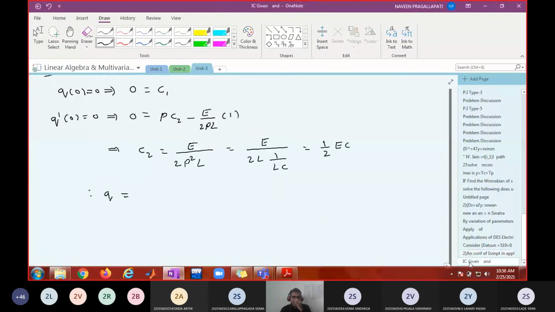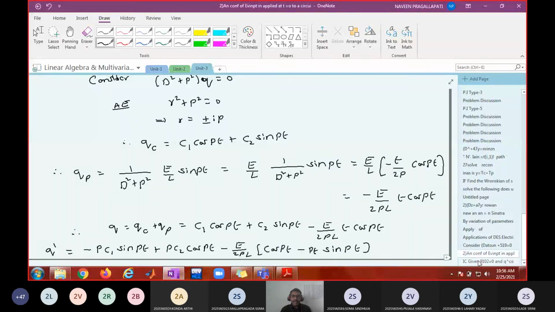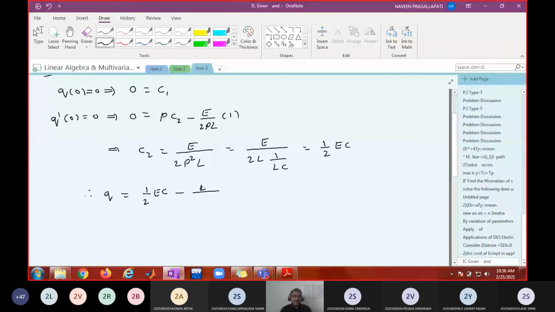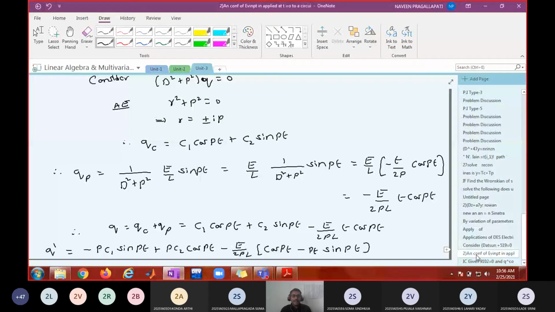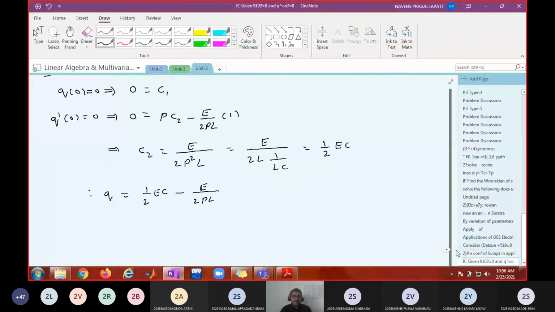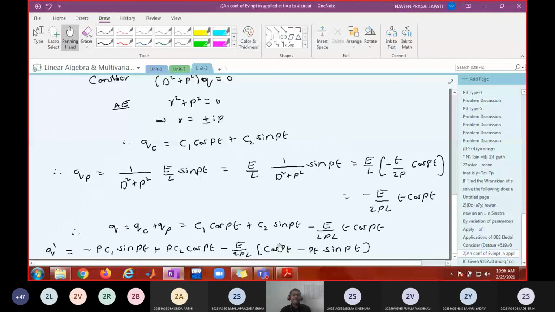So C2 is 1 by 2 EC sin pt minus E by 2pL into t cos pt. And please substitute C1 and C2 in Q dash and tell me the simplified expression. In this expression, you substitute C1 and C2 and simplify this.